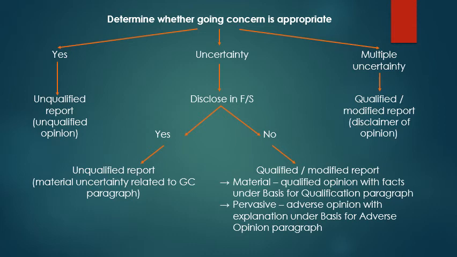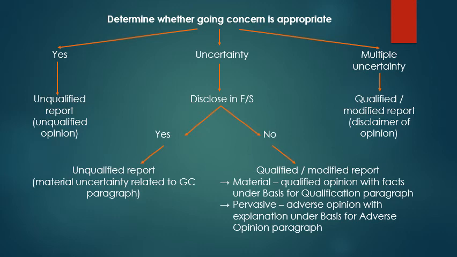If the uncertainty has not been disclosed in the financial statements, the auditor then is most likely to issue a qualified or modified audit report. If the uncertainty is material, the auditor would issue a qualified audit opinion with the facts under a basis for qualification paragraph.